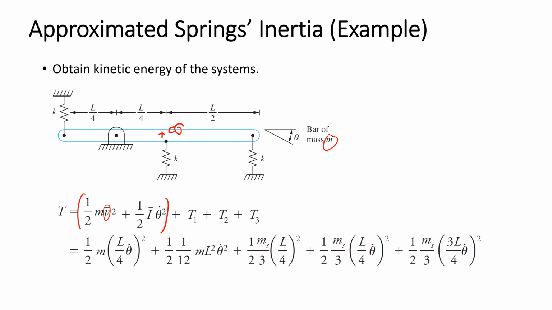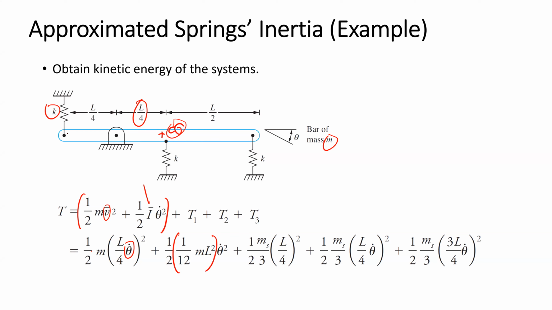So the kinetic energy of the bar is 1/2 m v bar squared. v bar is L/4 multiplied by theta dot, the velocity at the CG. The effect of the rotation of the bar is 1/2 I bar theta dot squared, where I bar is the moment of inertia about the center of gravity of the bar, equal to 1/12 m L squared.